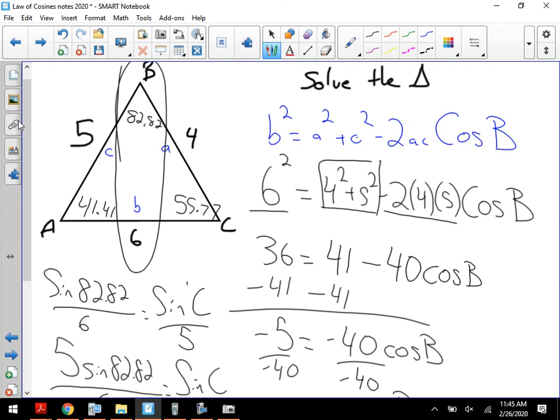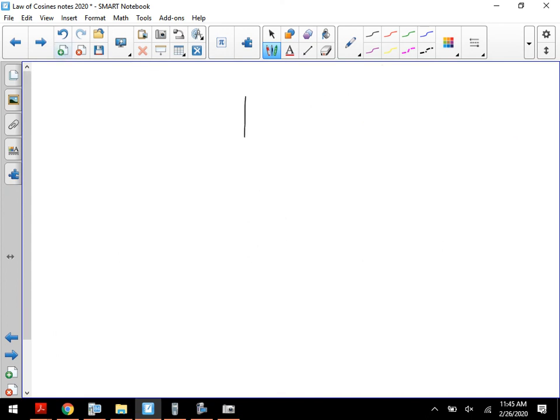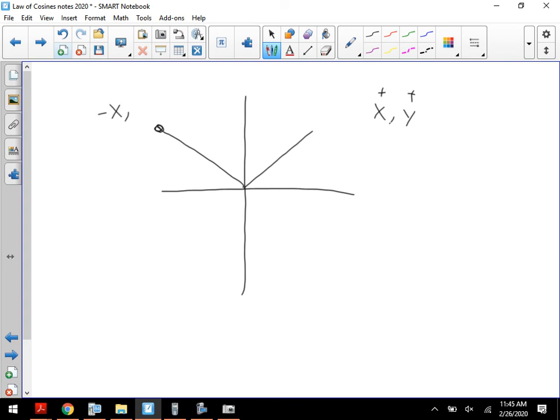There's some very subtle rules that happen as you get to algebra 2 and pre-calculus and so on. What'll happen is certain angles, put your pencils down real fast. If I'm in the first quadrant, your x and your y values are both positive. If you move to the second quadrant, your x value is negative and your y value is positive.